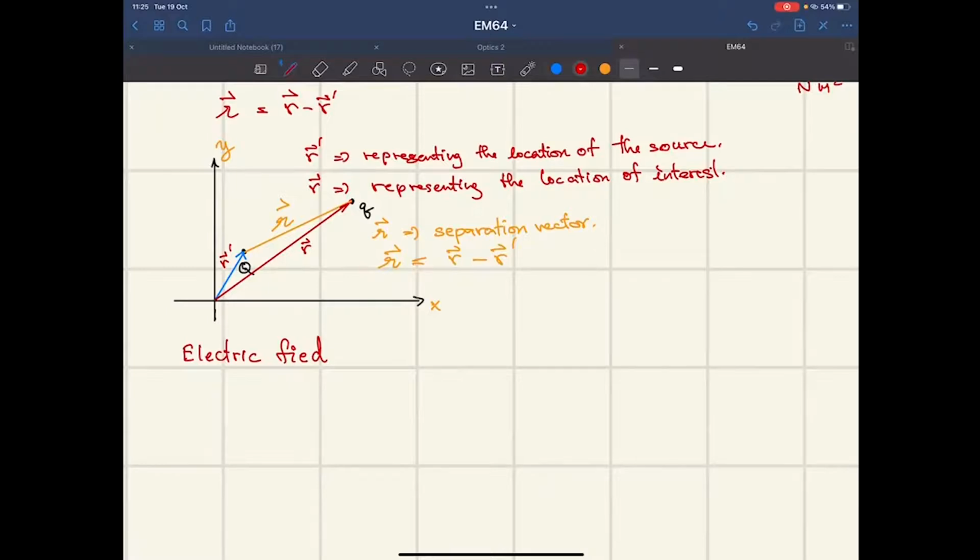This Earth produces what is called a gravitational field, but no one actually feels the existence of that field. No one actually sees it. But when you add a mass in that field, that mass will feel the gravitational pull from the Earth. It will feel the gravitational force from the Earth.